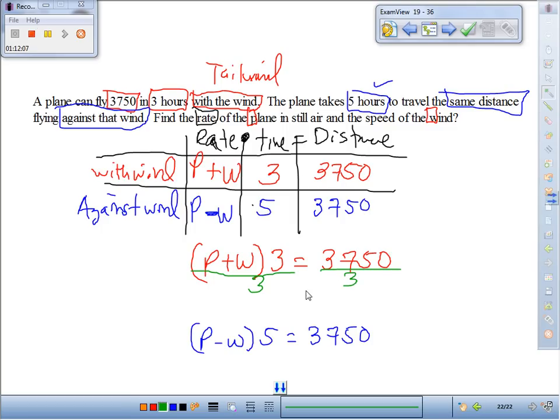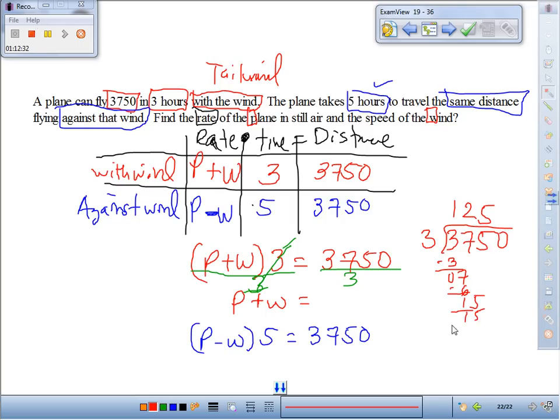We're left with P plus W equals, let's do the division. 3,750 divided by 3: fits in here once, subtract, 0, bring down the 7, fits twice, 6, subtract, bring down the 5, it fits 5 times, 15, bring down the 0, so this is 1,250. So far so good?